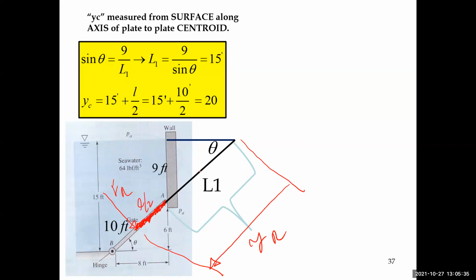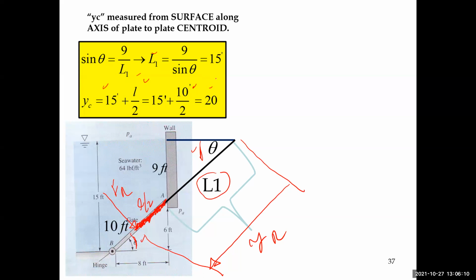So to find this total distance here, I need to find the value of L1. I know from geometry that these angles are the same, here and here. So the sine of theta is equal to 9 over L1, or L1 is equal to 9 divided by the sine of theta, which is equal to 15 feet. So the distance to the centroid y sub c would be equal to 15 feet plus L over 2, or 15 feet plus 10 over 2, or 20 feet.